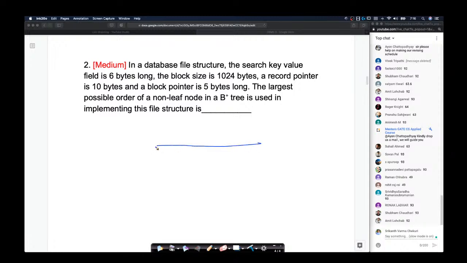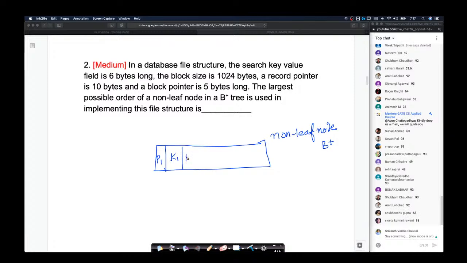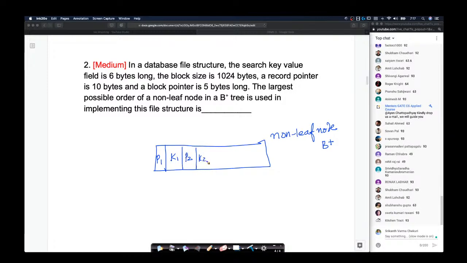So again, as a hint for some of you who are still solving, if you think of it as a non-leaf node in a B plus tree, how does it look like? You have pointer 1, then you have key 1, you have pointer 2, key 2, so on and so forth. Key n minus 1, pointer n, right?